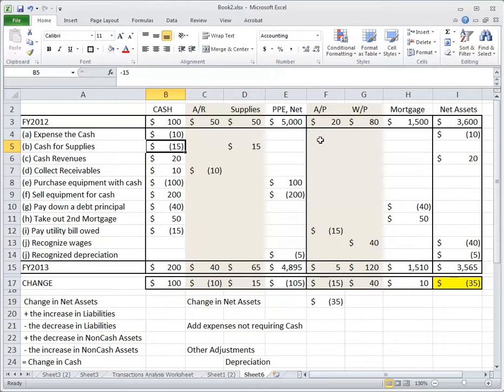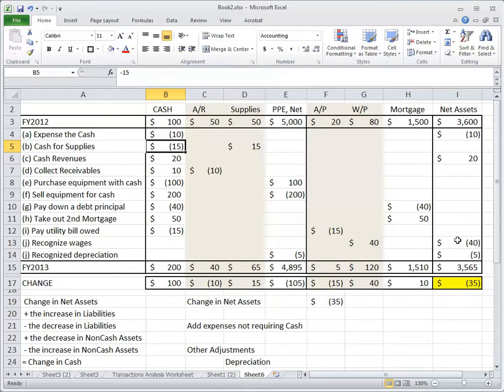And the same thing with something like accounts payable, right? So we record this accounts payable, that's an expense, but without a cash flow. Well, if we had paid that in this time period, we would have had the cash go down by 40, and the expenses would have showed a net asset decrease of 40.